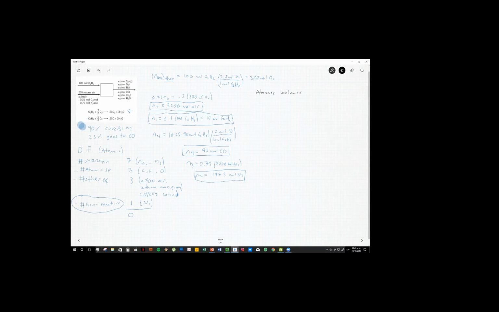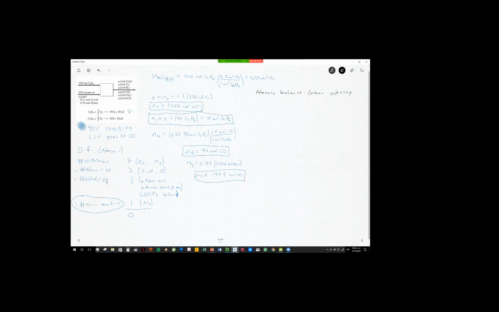Atomic balance for carbon. In this case, and as always with atomic balances, the output is equal to the input. So the inlet is going to be, of course, the 100 moles of ethane multiplied by the stoichiometric relation.